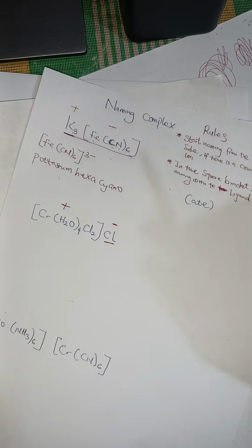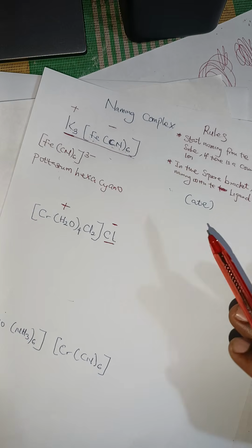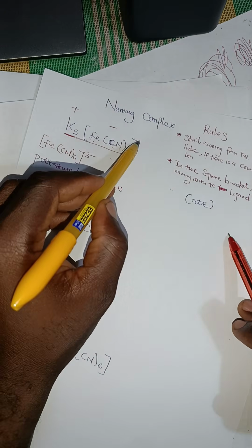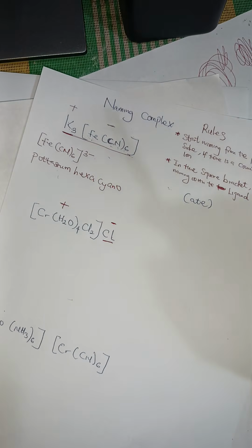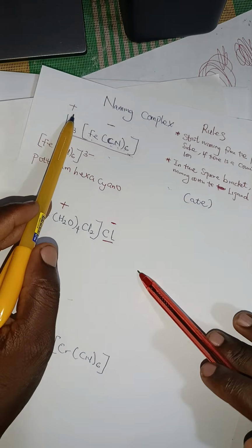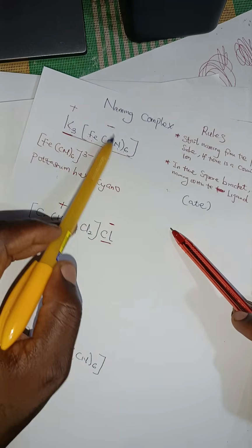Now, if your complex ion is a negative complex ion, what do I mean by that? That means this square bracket is negative. You can see it is a minus. Because our counter ion is positive, this square bracket is negative.